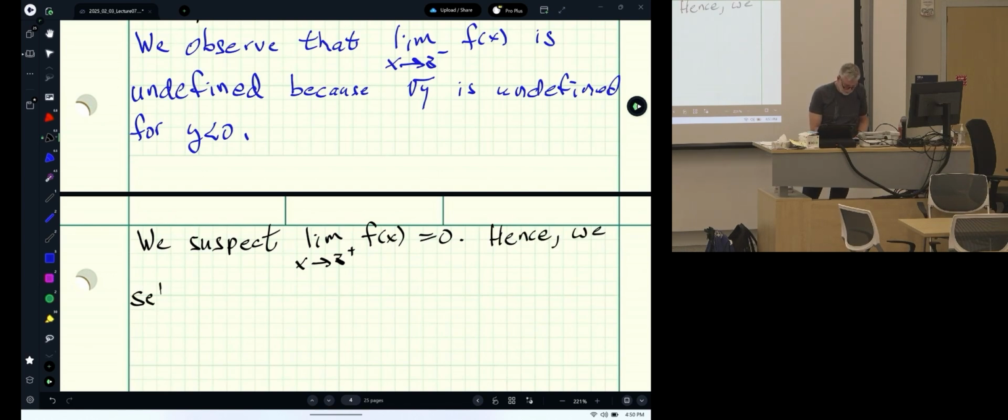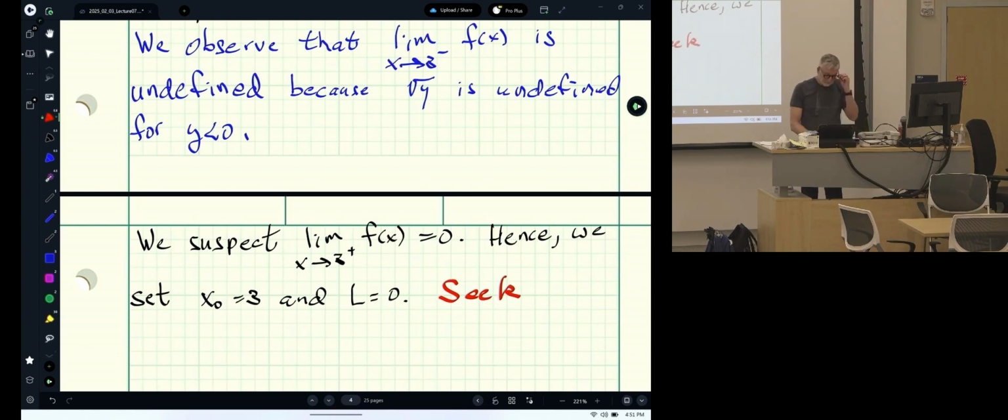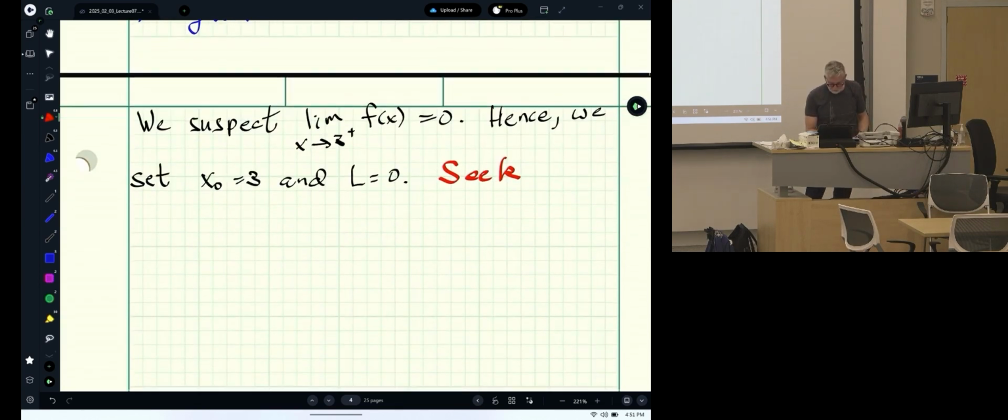So if you have to work these problems, we set x0 equals 3 and L equals 0. We seek, for all epsilon positive, a delta sub epsilon positive satisfying the definition.